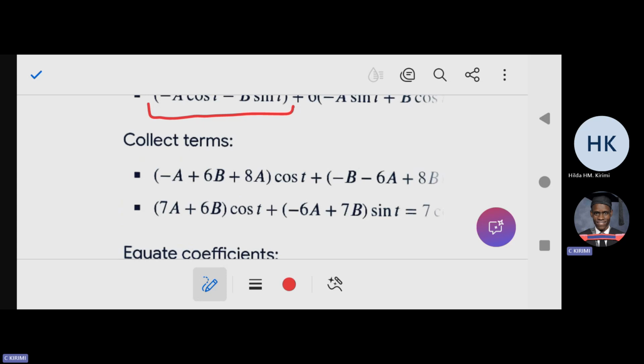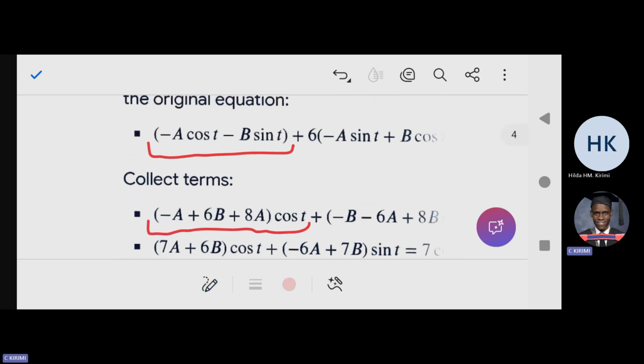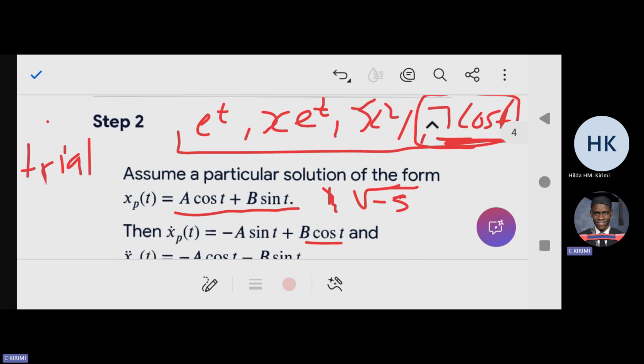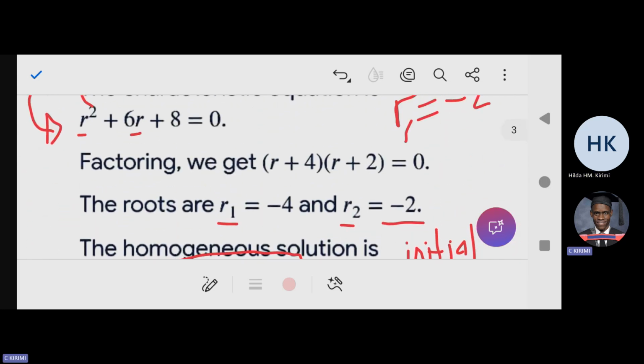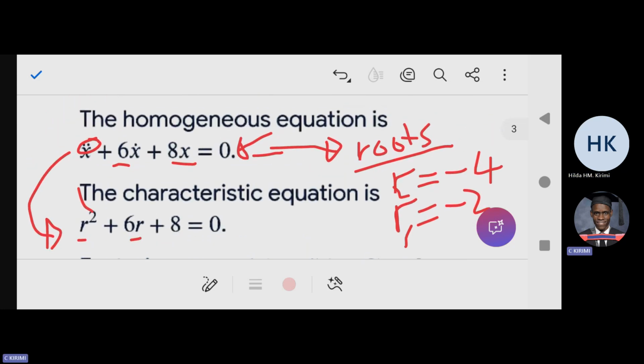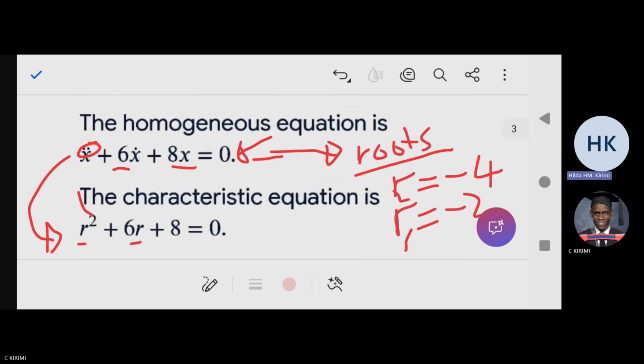All right, when we equate the left and the right, so this is our left. We add the second derivative, then plus the first derivative multiplied by 6. When we expand that bracket, 6 times the first derivative, then there is another function that is left out, which is plus 8x.